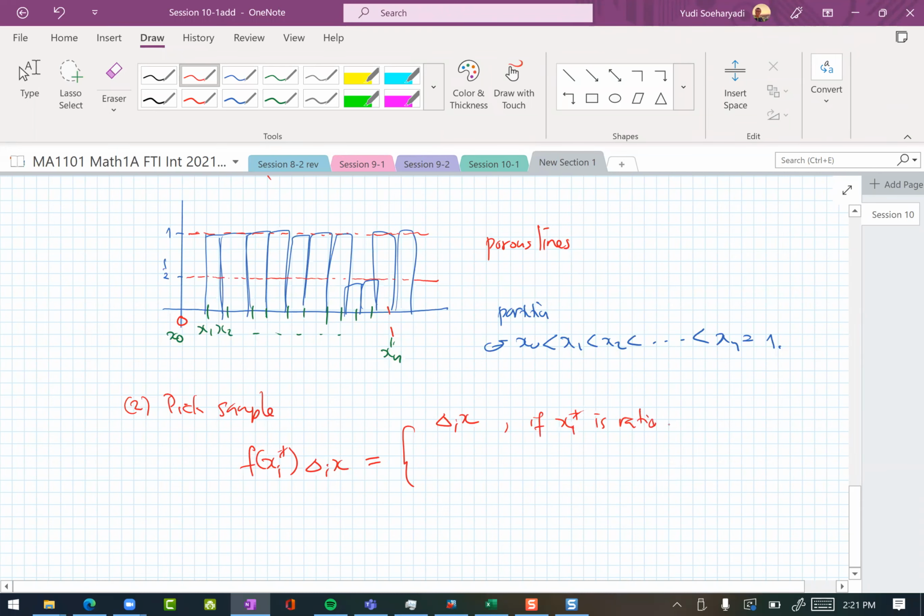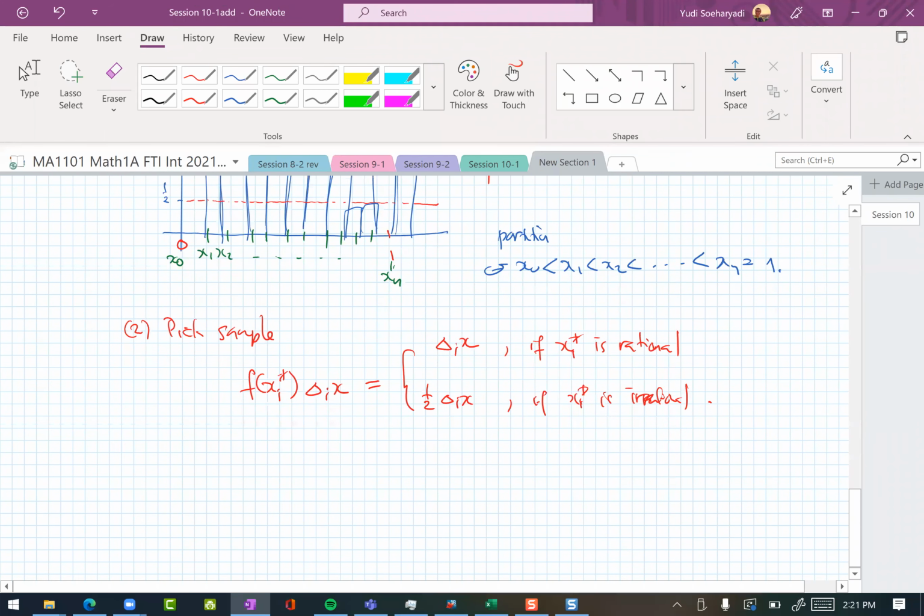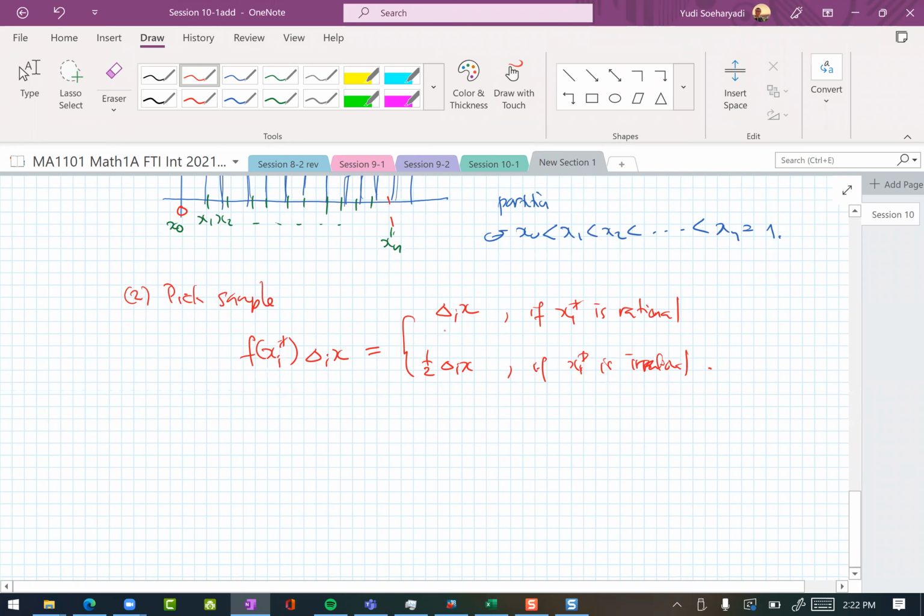Otherwise, that's 1/2, if the representative is irrational. So you get a little bit confused because sometimes it's rational, sometimes it's irrational.